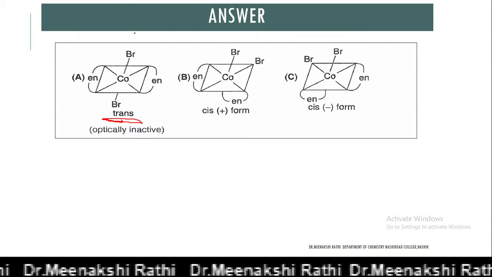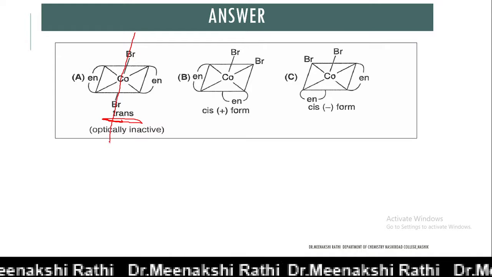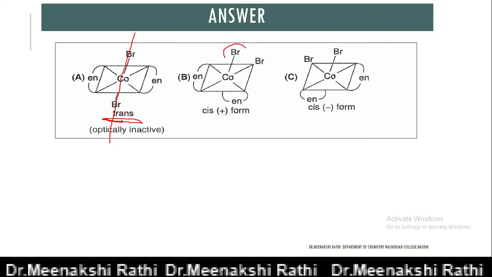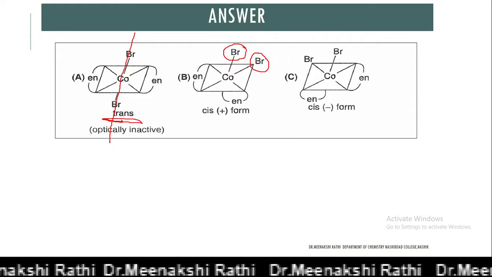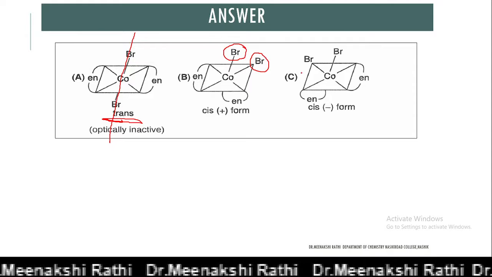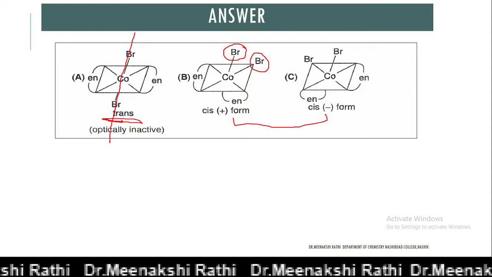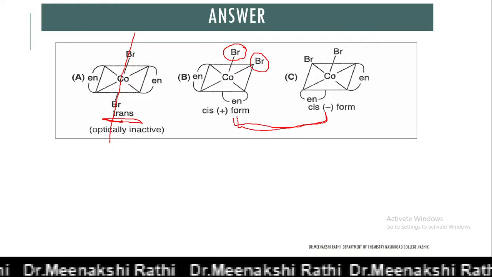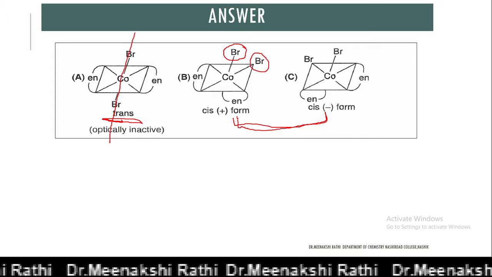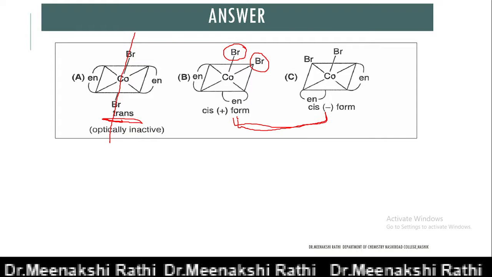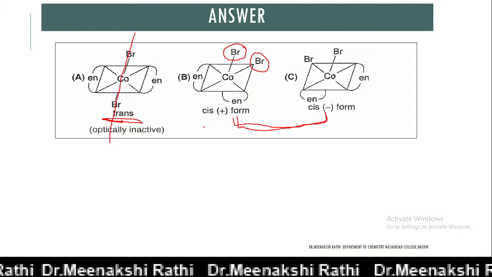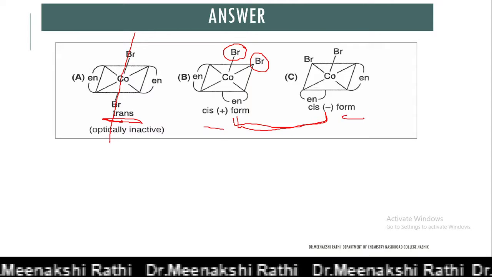Because it possesses a plane of symmetry. Second, here the bromines are present on the same side, so it is a cis form. These two are non-superimposable mirror images of each other, so this cis form possesses optical activity. Out of these, one is dextrorotatory and the other is levorotatory.